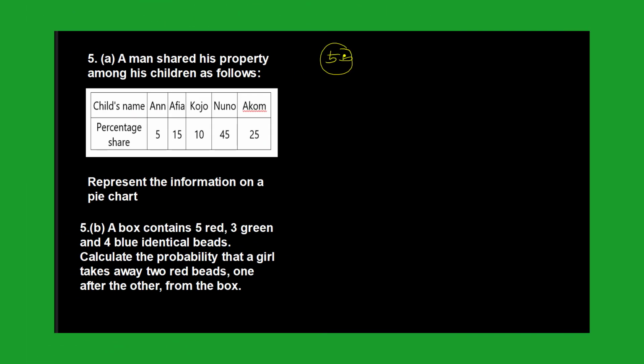Question 5b is based on probability. The question is: a box contains 5 red, 3 green, and 4 blue beads. Calculate the probability that a girl takes away 2 red beads, one after the other, from the box.